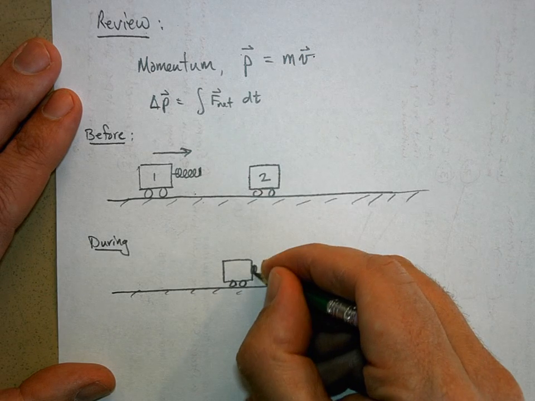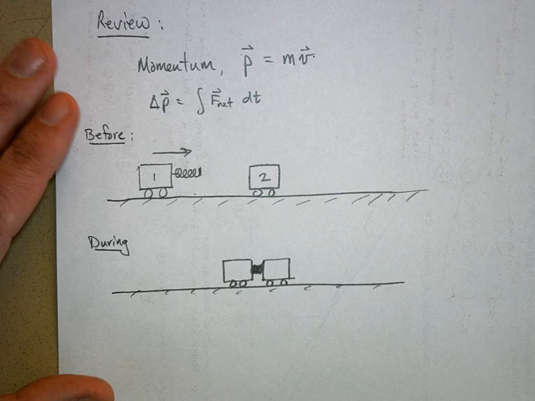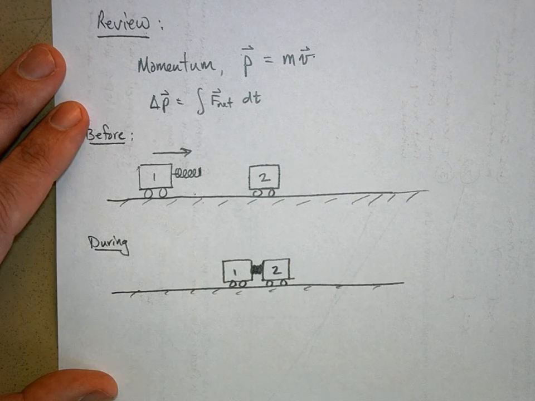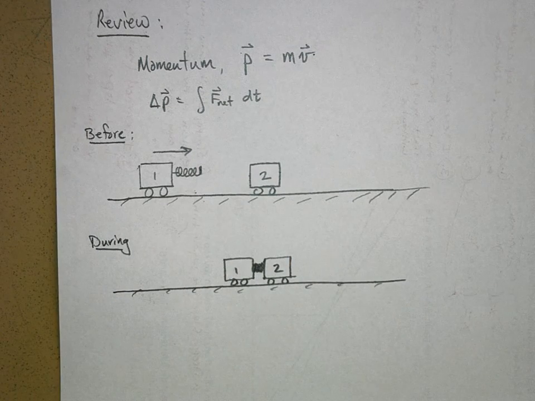And the spring is getting all scrunched in. Okay, so here's 1 and 2. But these objects, object 1 and object 2, they're interacting with each other. Right? They're applying forces to each other. Now, what did Newton have to say about the forces that object 1 applies to 2 and 2 applies to 1? What did he have to say about that?